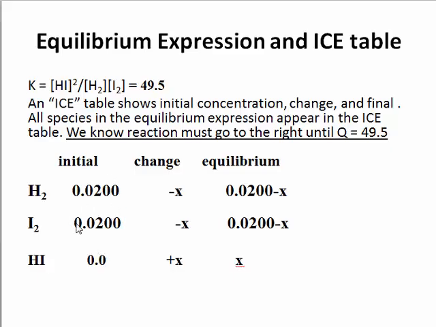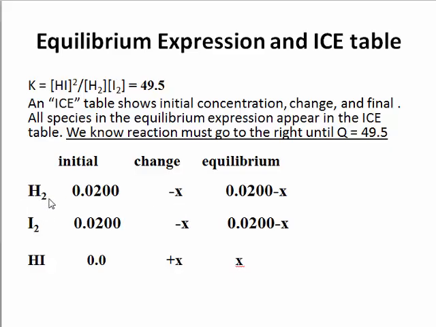If you consider the value of Q under the initial conditions, clearly Q would be 0, and the reaction is going to need to run to the right. The reaction must go to the right until Q equals 49.5. If the reaction runs to the right, the concentrations of H2 and I2 will go down a certain amount.